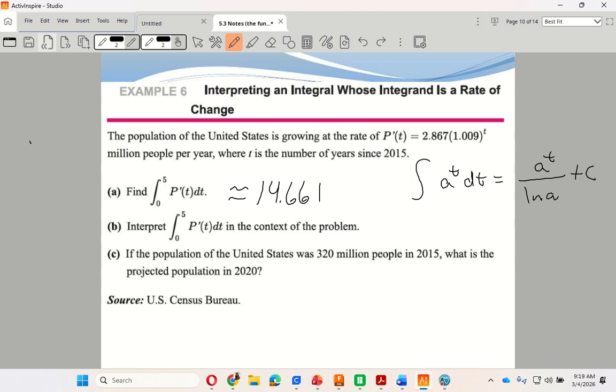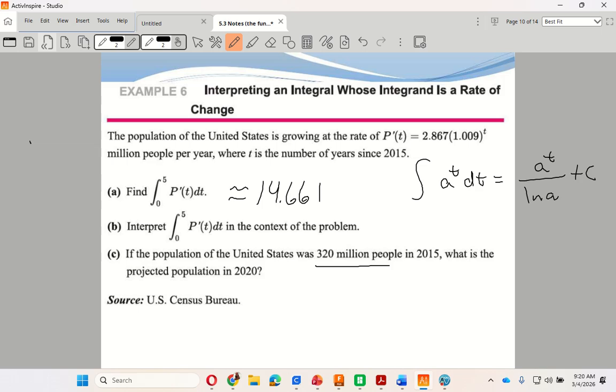So if the population of the United States starting out at 2015 was 320 million people, Kisnet, you ready? You're going to continue this story. If we knew in 2015 it's 320 million, what do we know about 2020? How many was it in 2015? It's right here.